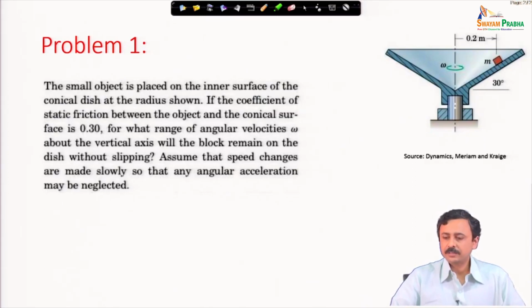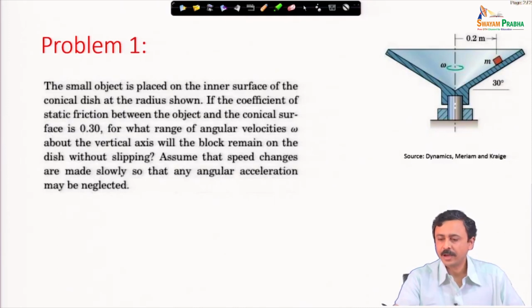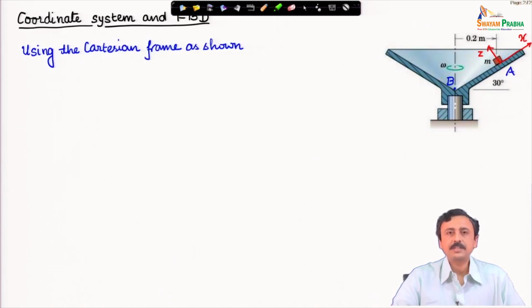From the figure you can see how this conical dish is rotating and where the object is placed, and this angle is also specified. The whole system is in a uniform gravitational field. First step is to set up the coordinate system.